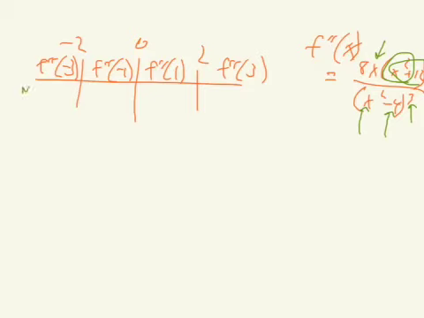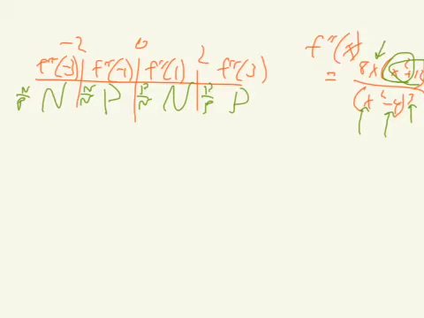This is going to be negative. This is going to be negative. This is going to be positive. Positive. I'm just doing the numerators. But then the denominator at -3 would be positive. -1 would be negative. This is negative, and this is positive. So the overall result: this is negative, this is positive, negative, and positive.